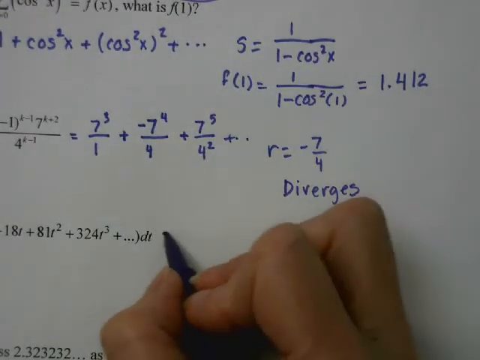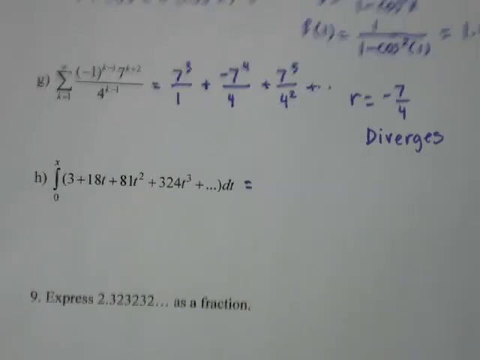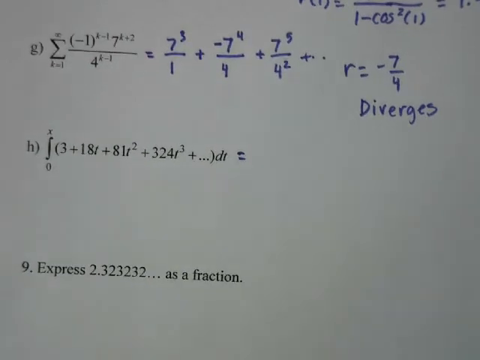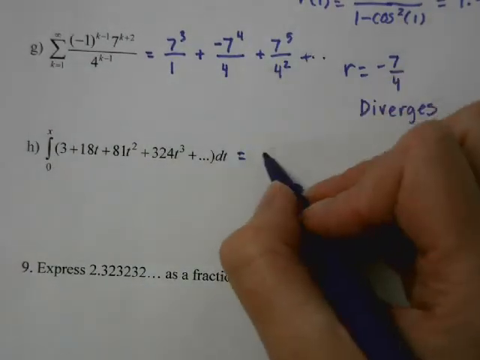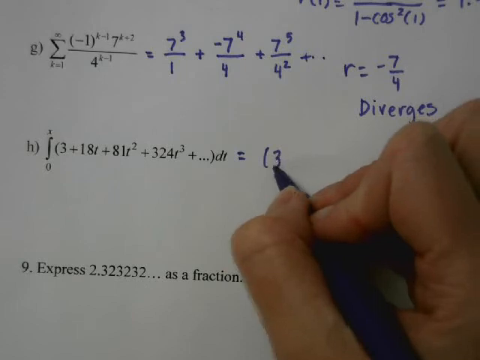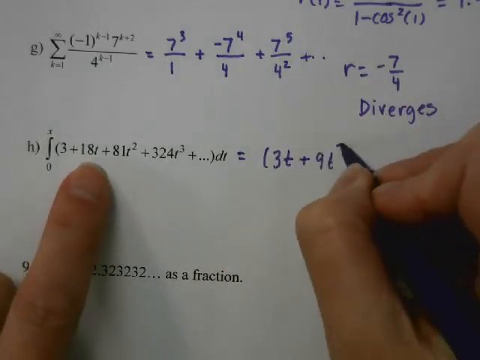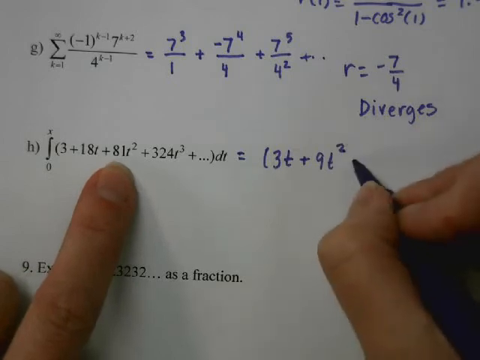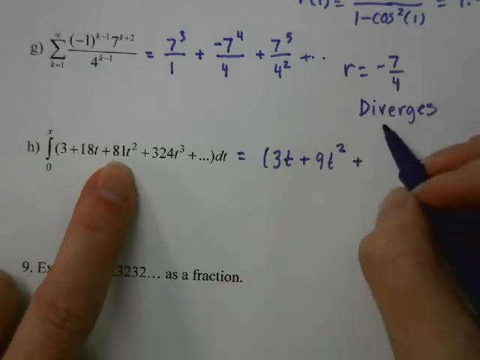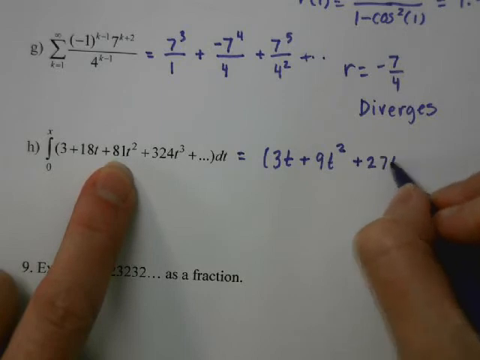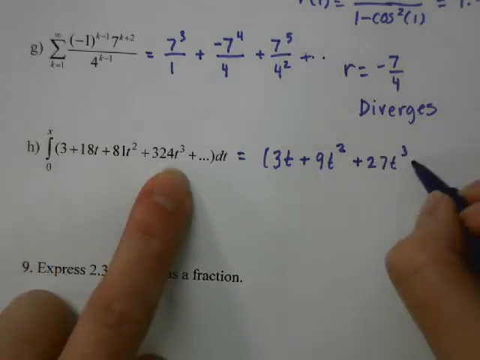All right, throw some integrals at you. Okay, so I'm going to integrate this. So we're going to have 3t plus 9t squared, plus that divided by 3 is 27t cubed.